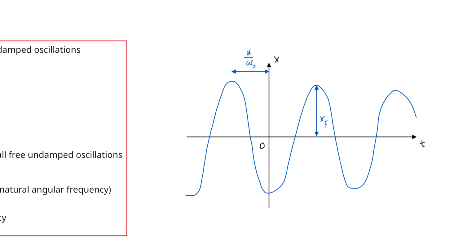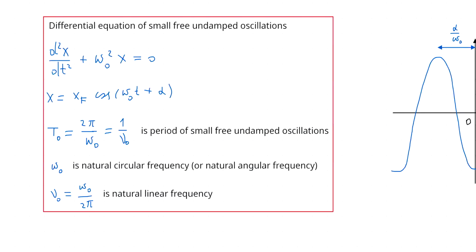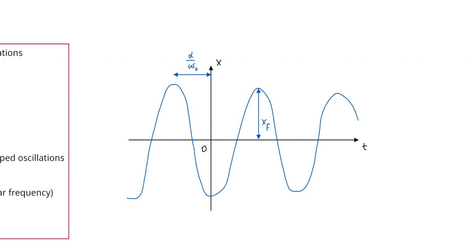And here we can also show the period of oscillations. The period of oscillations is equal to this distance. The period is equal to t0, which is 2 pi divided by omega 0.